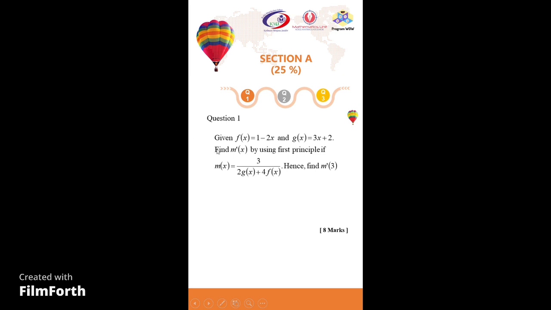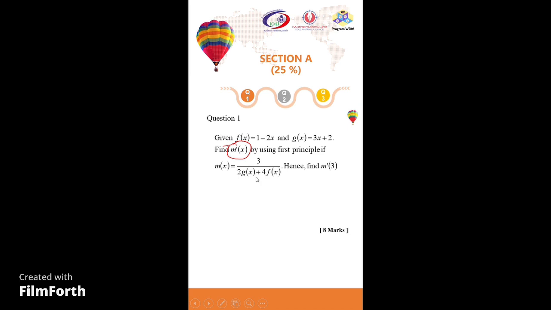So the first question: given f(x) and g(x), you need to find m prime by using first principle. You need to know that m prime is actually the first derivative of the function m(x).